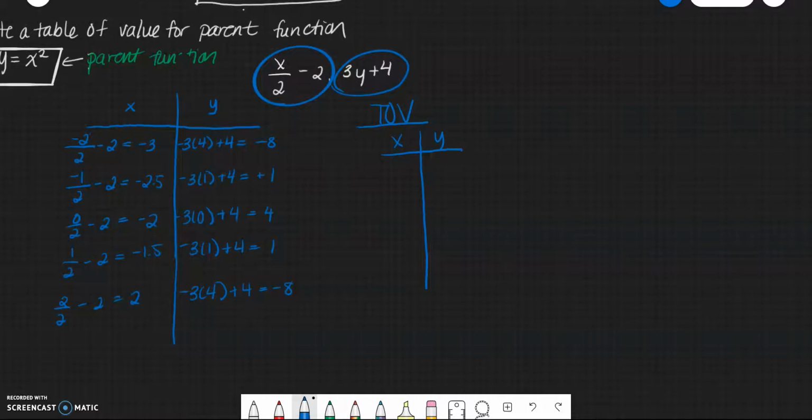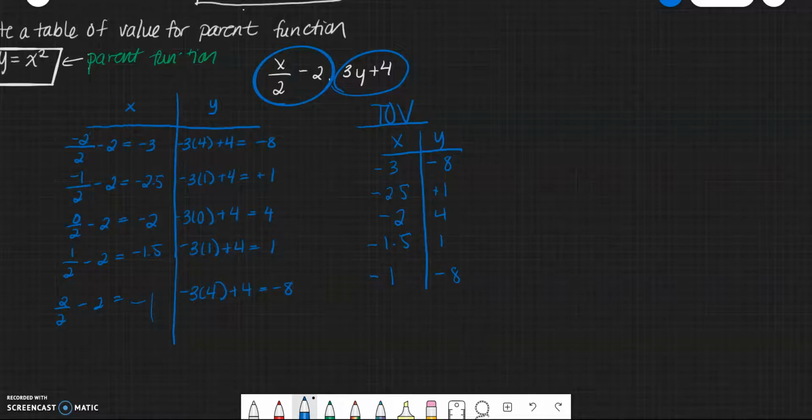All my x's are going to be negative 3, negative 2.5, negative 2, negative 1.5, and negative 1. This should be negative 1, so I'm going to change it. On the other side, it's going to be negative 8, positive 1, 4, 1, negative 8.